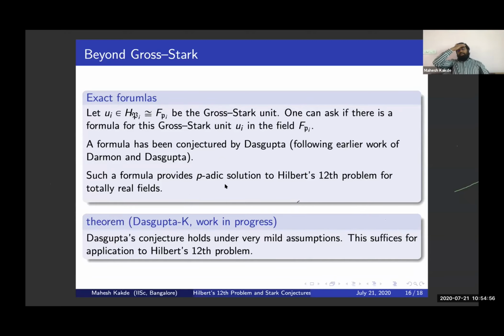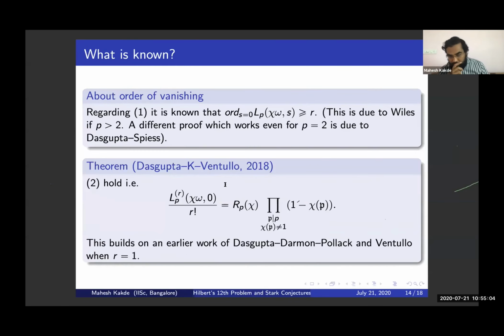So one way to think about this is that the p-adic L function is a measure on a global Galois group. If p is inert in F, for example, then it's a measure on F_p cross modulo the closure of global units.